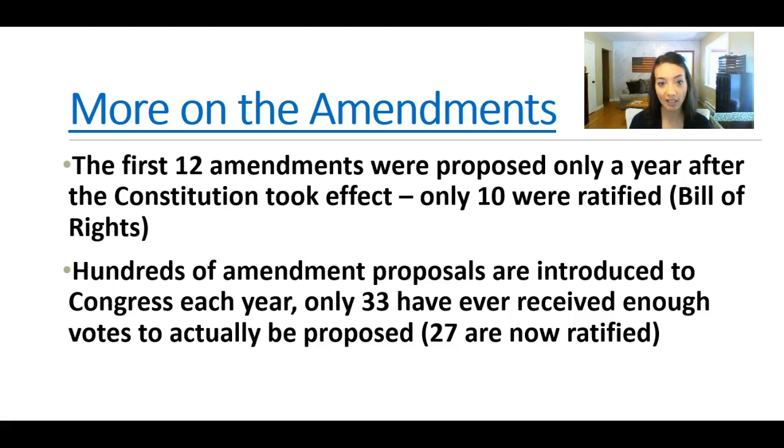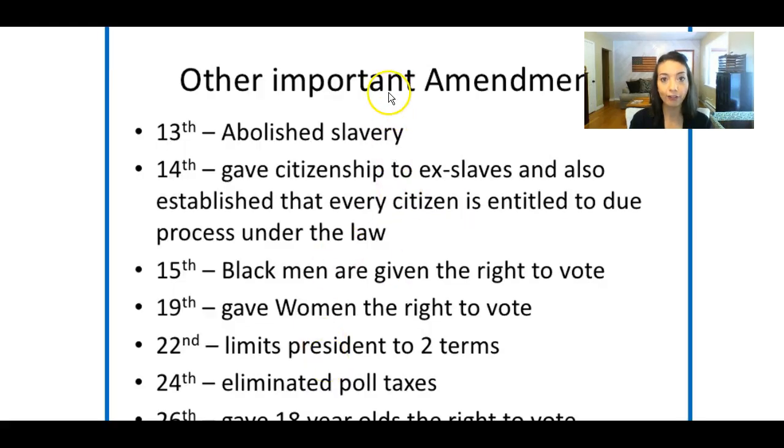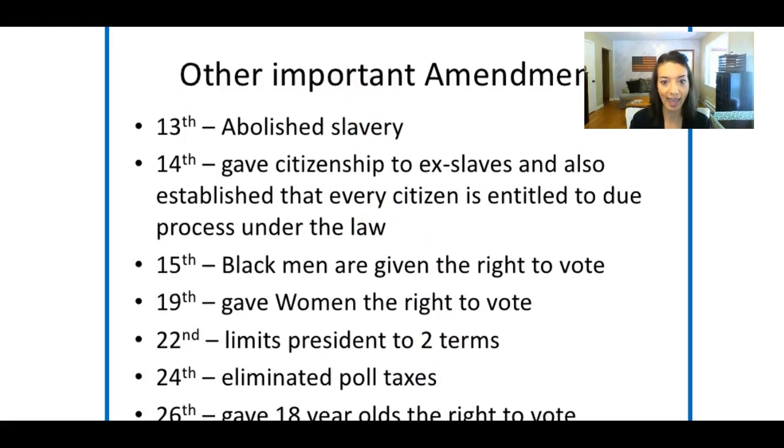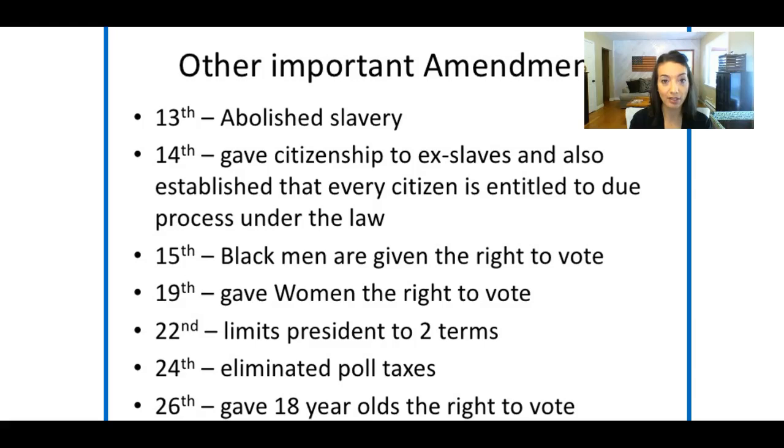So as you can see, there are probably many proposals that Congress hears, but throughout our history, there have only been 27 to make it through. Okay. So even though there are 27 of them, here is a look at some important amendments that are kind of groundbreaking, earth-shattering ones.